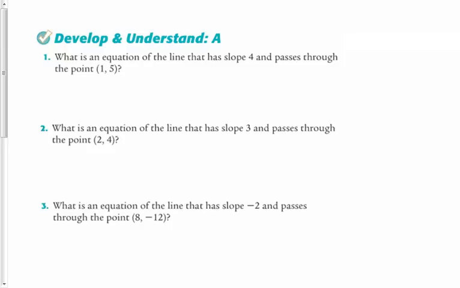So the way we're going to do that, remember, we're going to write our equation like this. And we know that this number right here is the slope, and this number right here is the y-intercept, or the constant term. So we can start right now by doing, we know that the slope is 4, so we're going to put that in like that. And we don't yet know what the y-intercept is, but we know that this line passes through the point 1, 5.